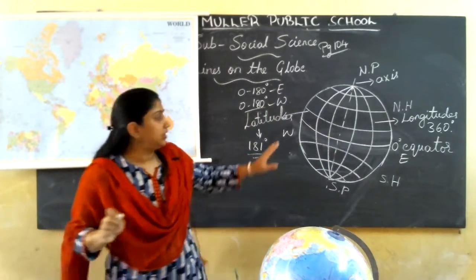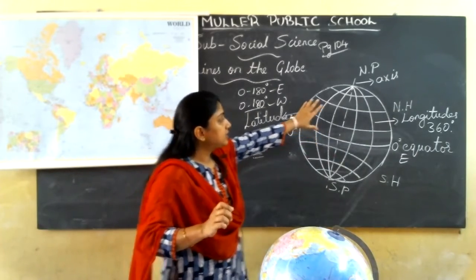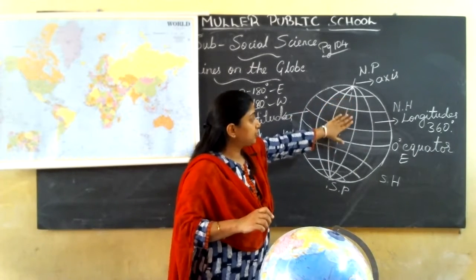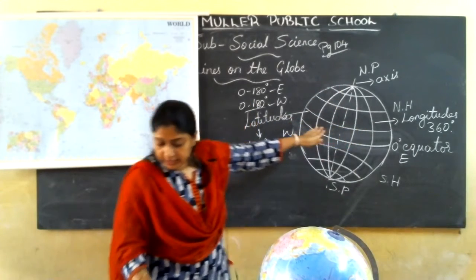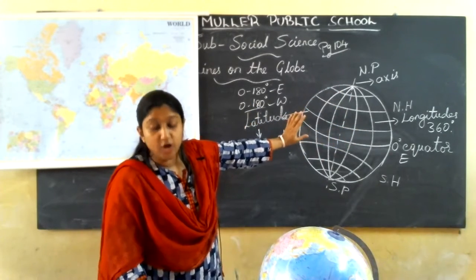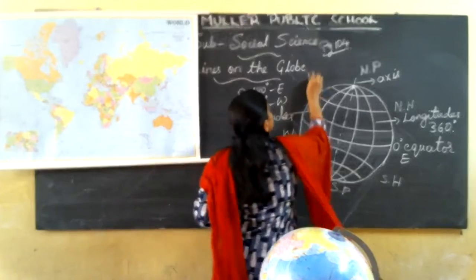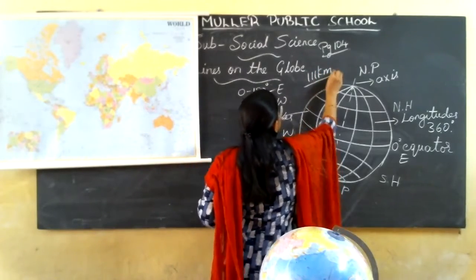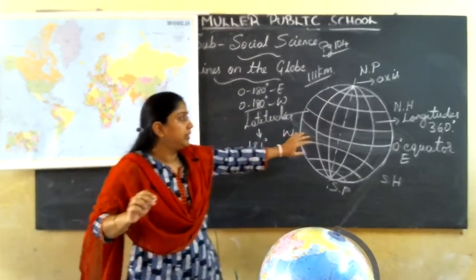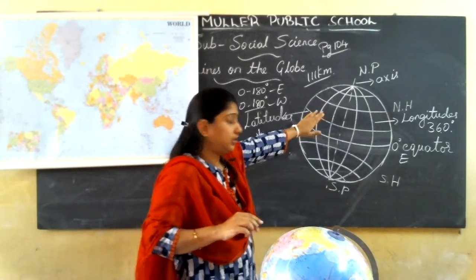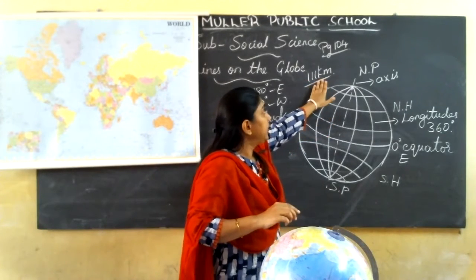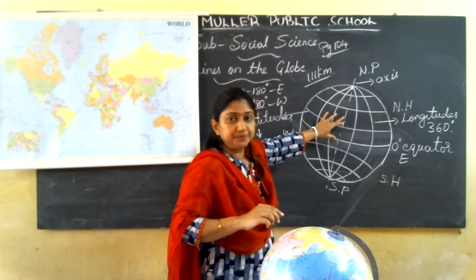And since there are 90 lines of latitude towards the North Pole, the distance between each degree is how much? 111 km. Between two consecutive degrees, there is a distance difference of 111 km.